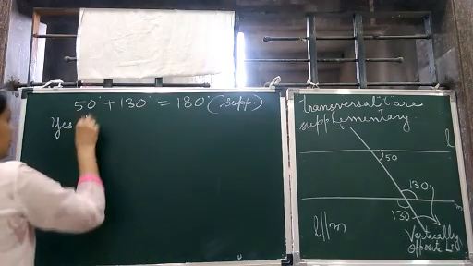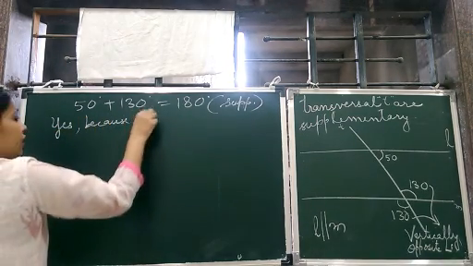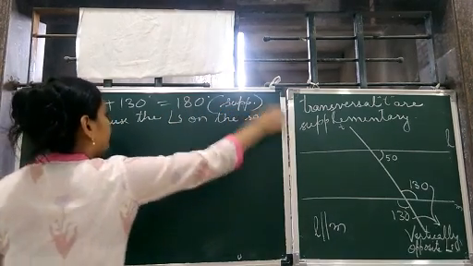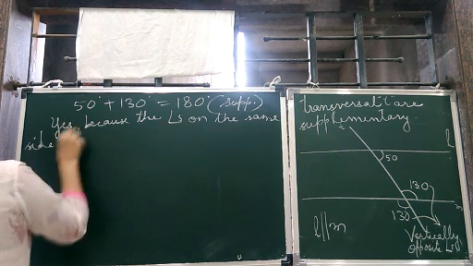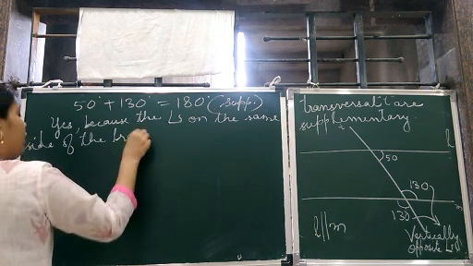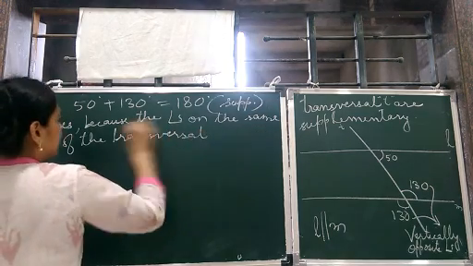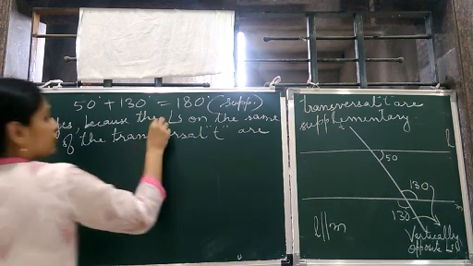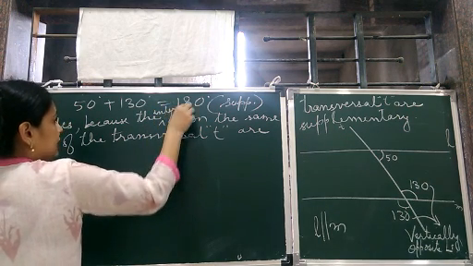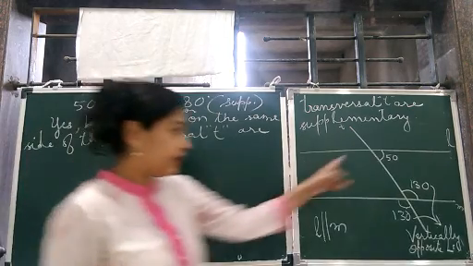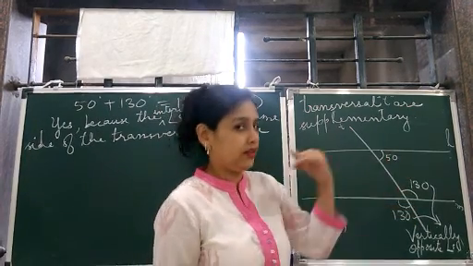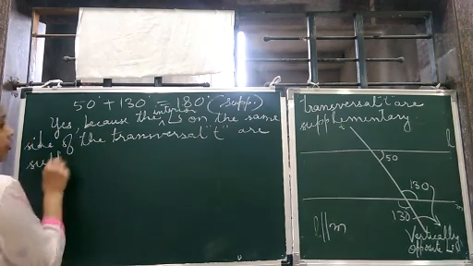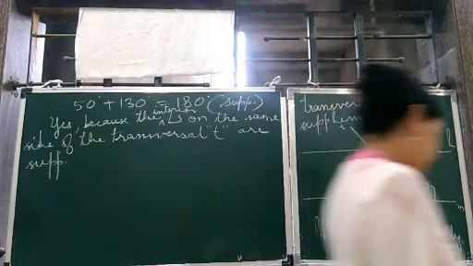Again the same reason, because the interior angles, you need to tell they are interior, on the inner side, both on the same side of the transversal T are supplementary. This completes the second one.